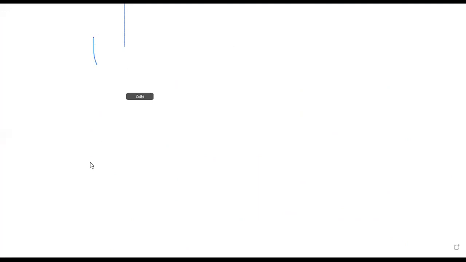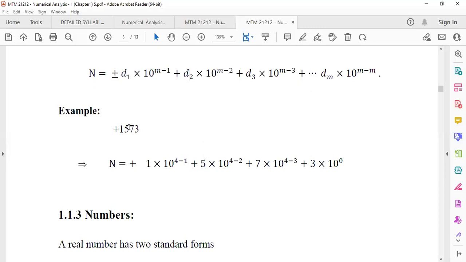So this is a simple one. 1 times 10 to the power, there are 4 numbers, so n is equal to 4: 4 minus 1, 4 minus 2, 4 minus 3, and 0.